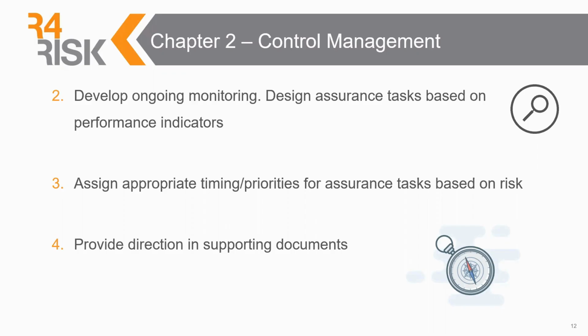And finally, we need to provide direction in our supporting documents as to what's good, what's bad. So personnel performing assurance activities need to know when a control has failed or is about to, and what they need to do about it. Otherwise, they'll most likely do nothing. And in that case, we have a much greater risk of a loss of control event occurring.